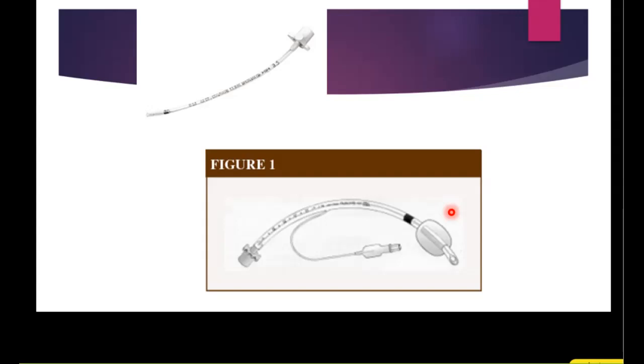The advantage of using a cuff is that it creates a complete seal where no air can escape. Let's see if I can draw on this device. If you have, nope, that's not going to work. Let's see.